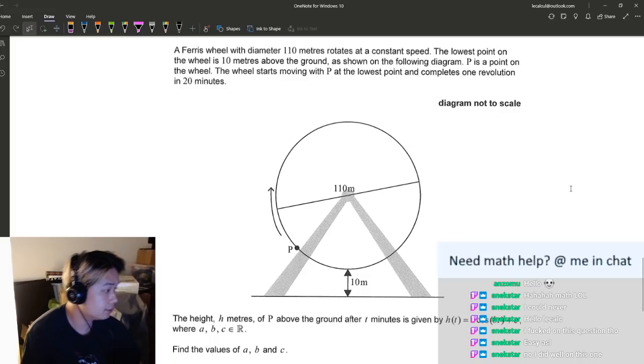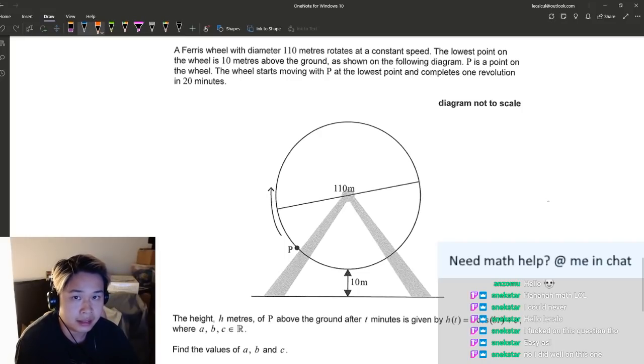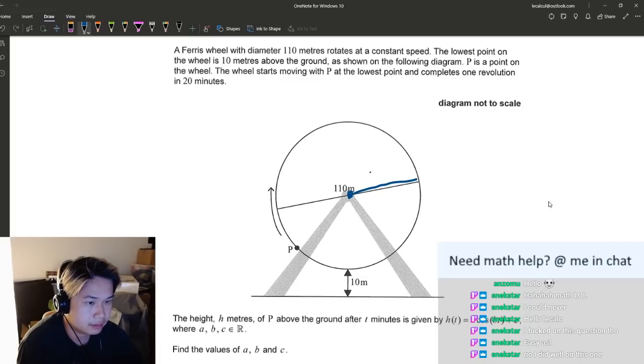Okay. You got a Ferris wheel with a diameter of 110, which means that it has a radius of 55. The lowest point on the wheel is 10 meters above the ground. Point P is on the wheel, and it rotates this way.